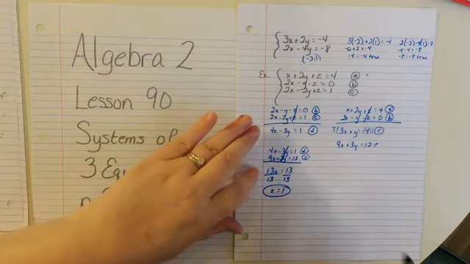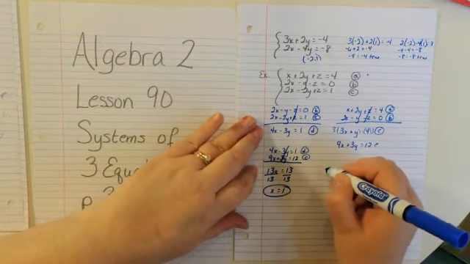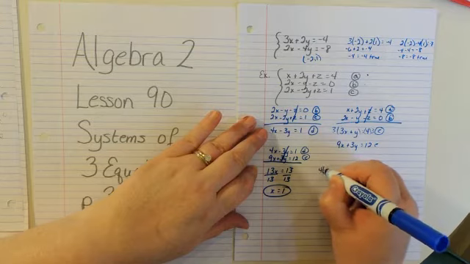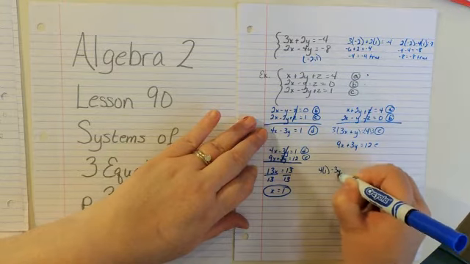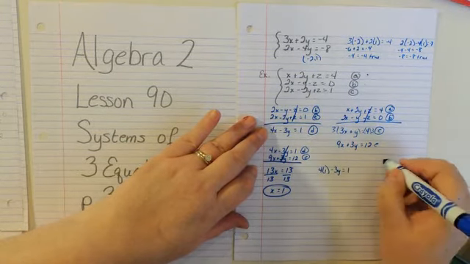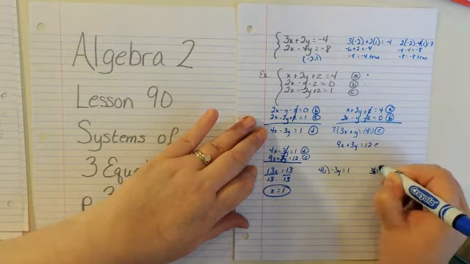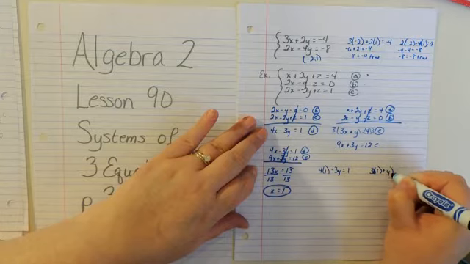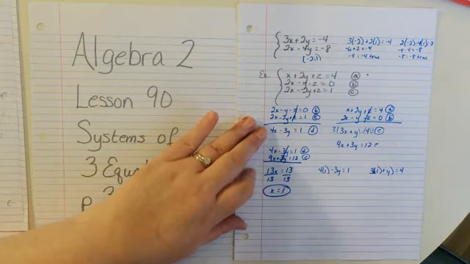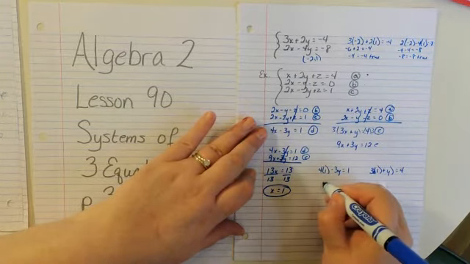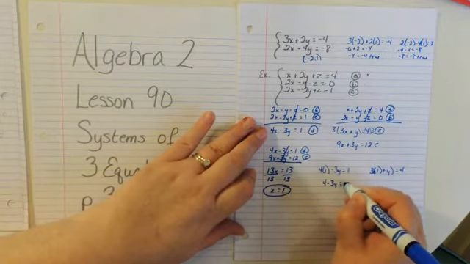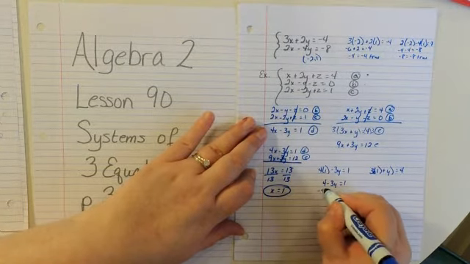Okay? So into D, we have 4 times 1 minus 3y equals 1. Into E, we have 3 times 1 plus y equals 4. So this is 4 minus 3y equals 1. We subtract 4 from both sides.